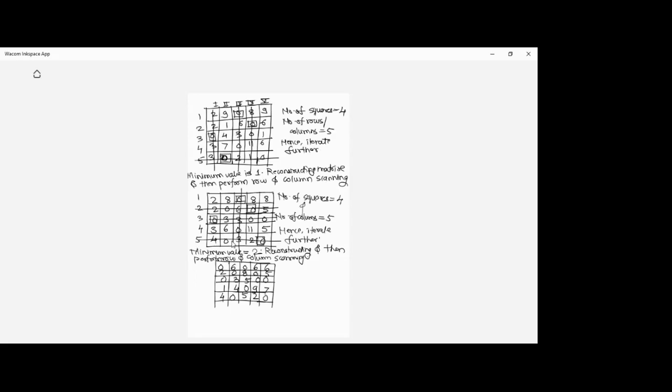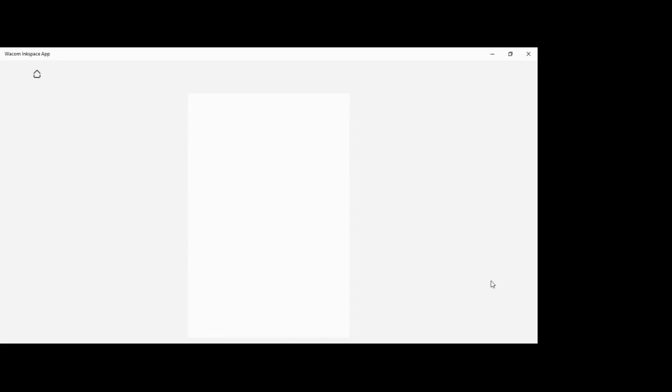Right. So now what we are going to do is perform the row and column scanning. We identified that the minimum value was 2, so we reconstruct the matrix and perform the row and column scanning. After the reconstruction we got this matrix.